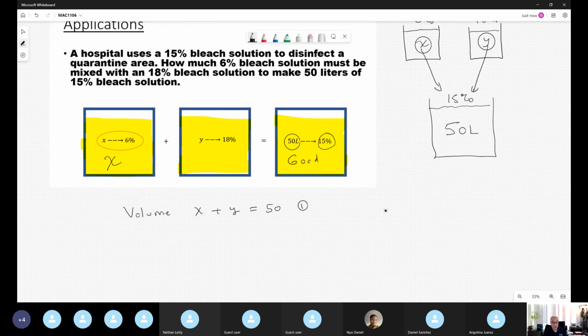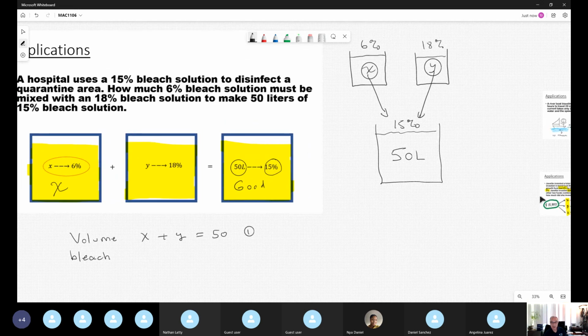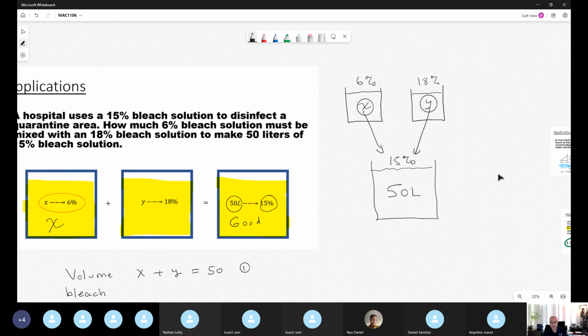But I have another equation that, in my opinion, is the most important, that is the equation for the bleach alone. Now, this is 6%. Let me try to understand the expression. For example, I express this percentage as a decimal, divided by 100, 0.06, 0.18. The thing I did was conversion from percentage to decimal. And this is 0.50.